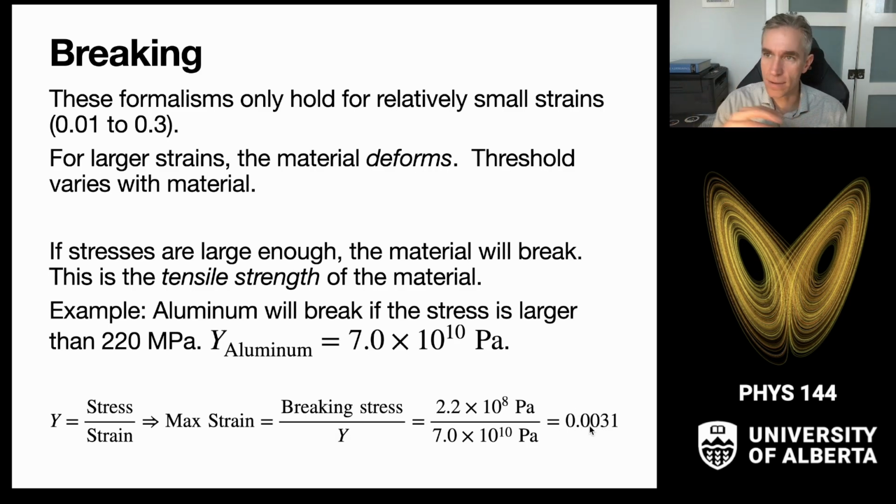So we had steel wire where the strain that we saw there was like 0.001-ish. And for aluminum here, if you have an aluminum wire and you subject it to a strain that is larger than 0.003, the system will snap and break.